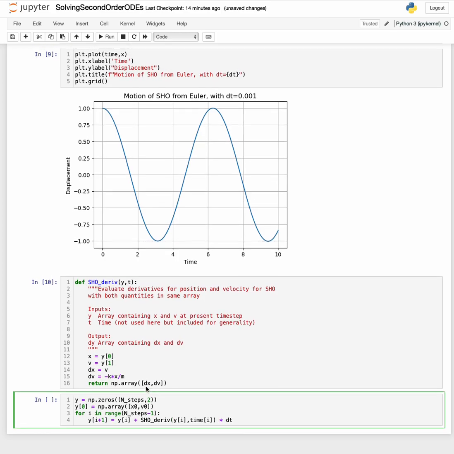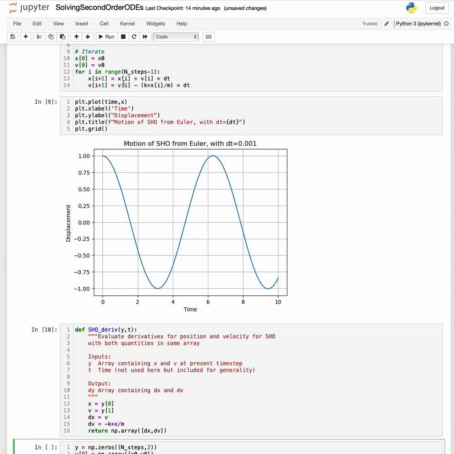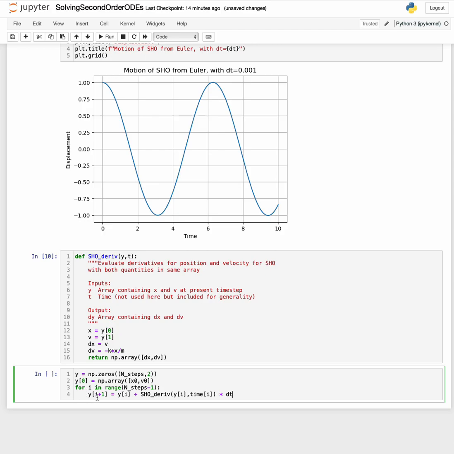So that's much more compact than what we've got here. We haven't got the explicit arrangements here, and it's something that we can use for any dimensionality and actually any order of ordinary differential equations. So if you had a fourth order ODE, you could use this same loop to do exactly that. So it's a very, very general thing. I'll show you an example of that in a minute.